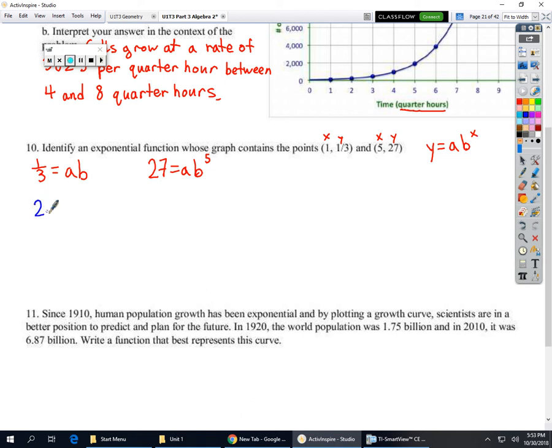27 equals ab to the power of 5. Divide this by 1/3, divide this by ab. When you are dividing a number by a fraction, what you're really doing is multiplying it by the denominator. The long way: 27 divided by 1/3.